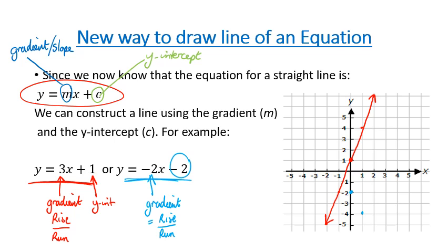Down 2 and across 1. Or if I go up 2, I now go to the left 1. Up 2 to the left 1. And you'll see that we're starting to get a straight line here, where our equation of that line is y equals -2x minus 2.